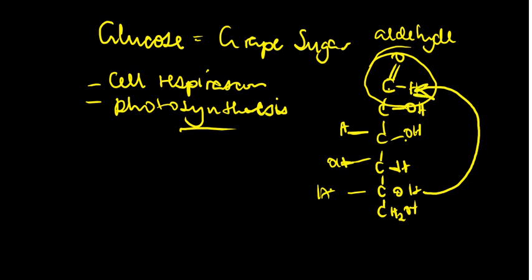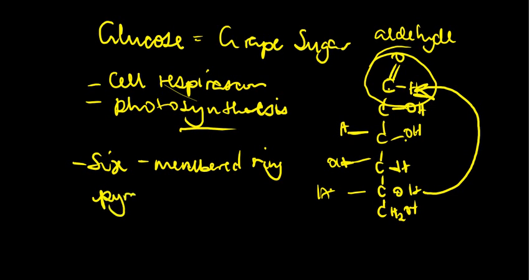So carbon number 5 in the open chain is going to give us a 6-membered ring, that's called pyranose. Pyranose means it's 6-membered.